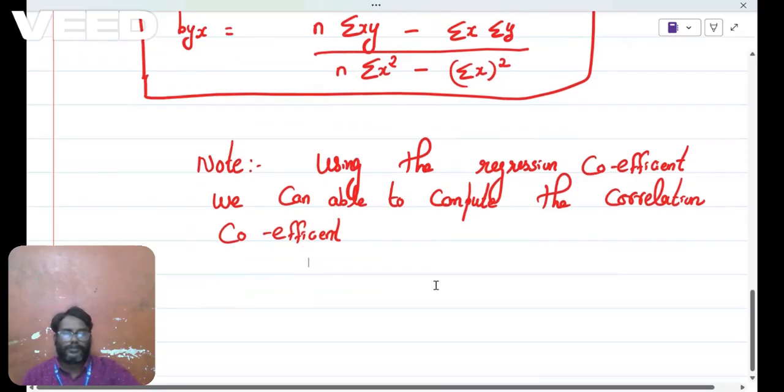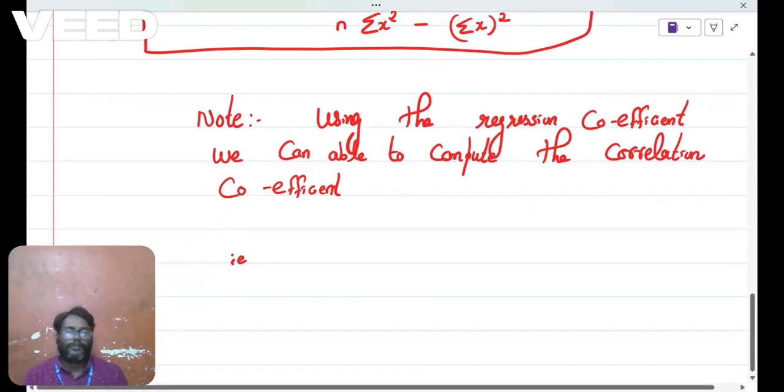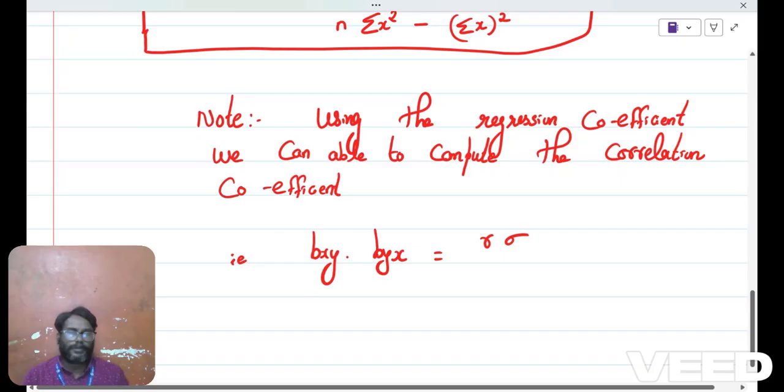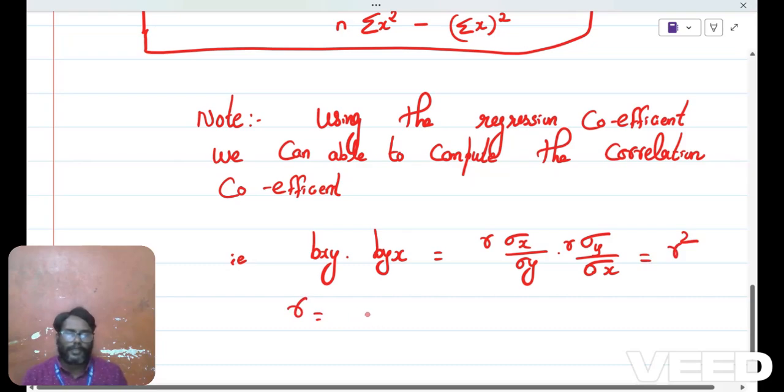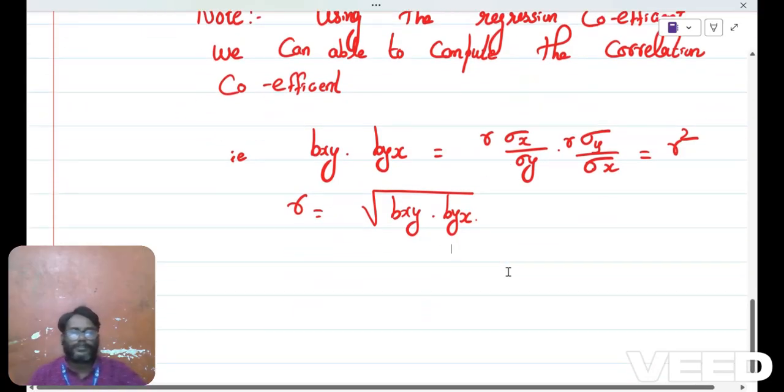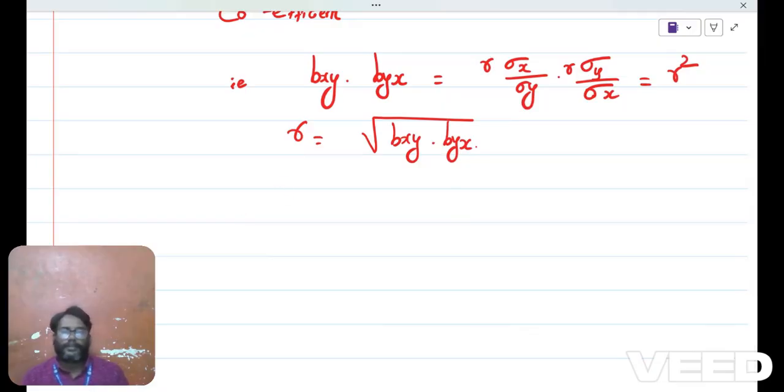That is, b of xy into b of yx is equal to r into sigma x by sigma y into r into sigma y by sigma x, which is nothing but r square. So you will get r is equal to the square root of b of xy into b of yx. So from this, we can compute the correlation coefficient.